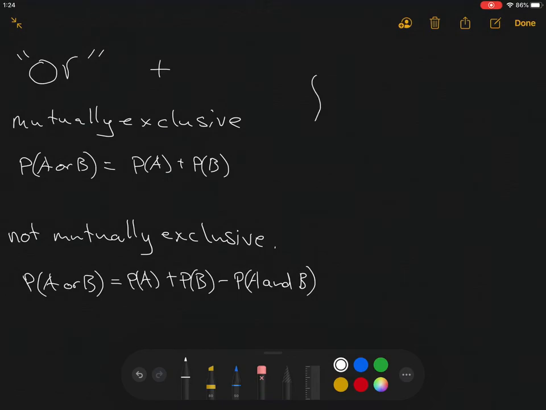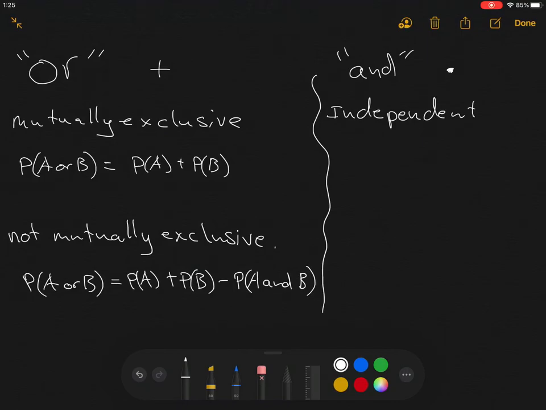Notice, analogous, we have the same thing with the word and, but with the word and, we want one and the other to happen. We use multiplication, times. And just like with the word or, we have mutually exclusive and not mutually exclusive, with the word and, we have independent. And the formula for that would be probability of A and B happening is equal to probability of A times probability of B. That's it. Right? It doesn't matter whether A happened or not.